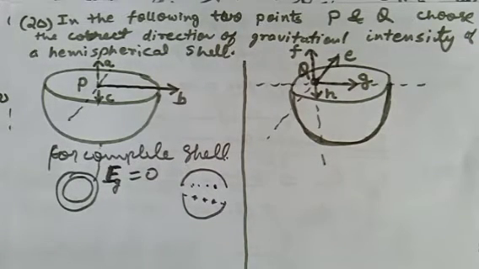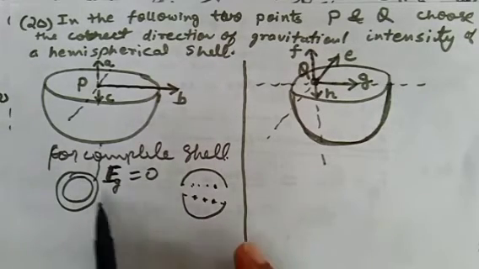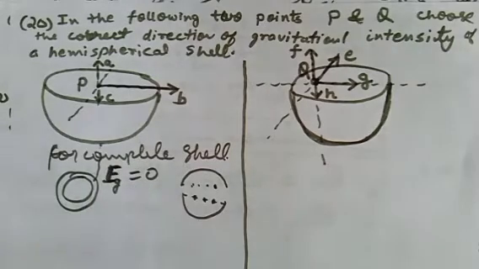I'm just telling you the answer: taking a complete spherical shell, inside the spherical shell the gravitational field intensity is 0.